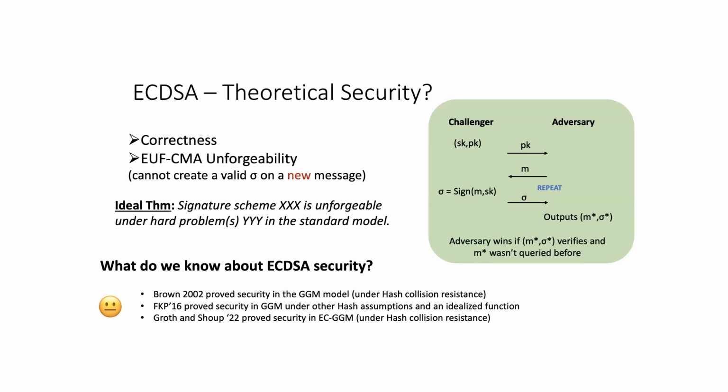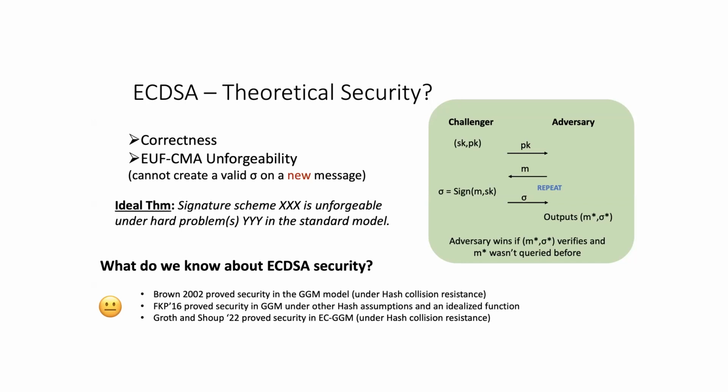Later in 2016, we had security again in GGM under different hash assumptions and an idealized function that was used for the mapping of the random nums and the elliptic points. And very, very recently, a couple of months ago, we had a new proof of security by Groth and Shoup on a special version of the generic group model that was specific to elliptic curves.